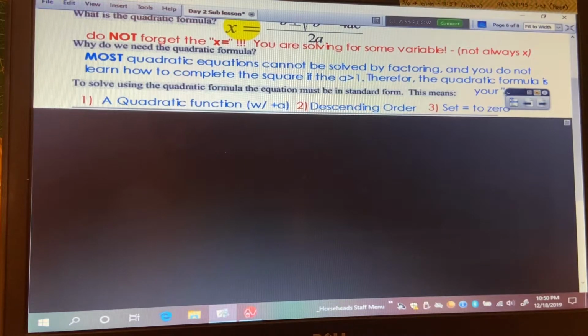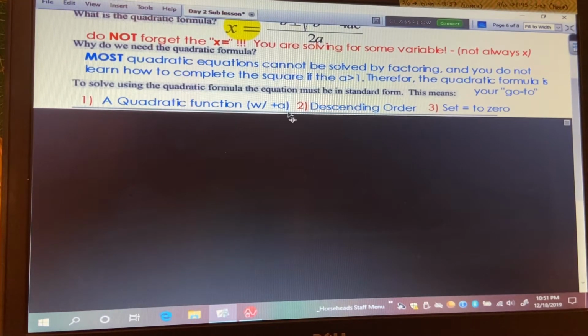Okay, there are 3 things you have to make sure that you have before you can delve into the quadratic formula. So make sure you have a quadratic function in standard form. Okay, so standard form technically means your A has to be positive. However, with the quadratic formula, it does not matter if you substitute in a negative value. It's fine, no big deal.